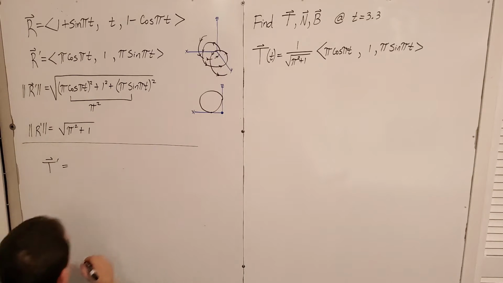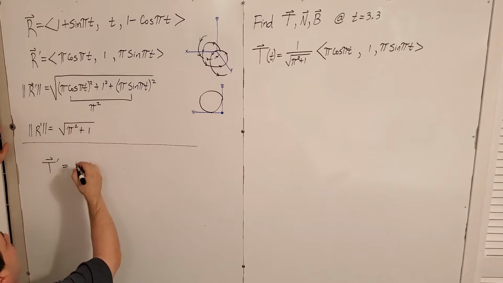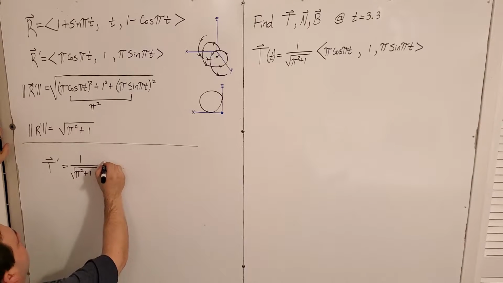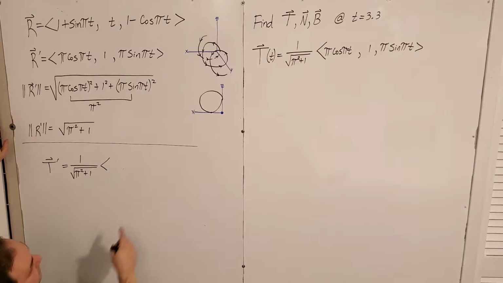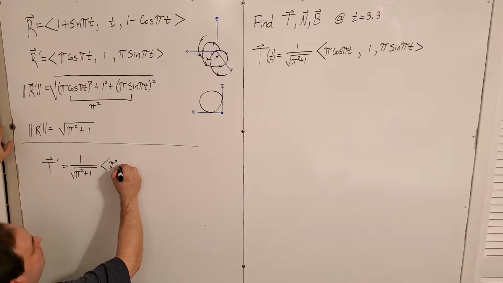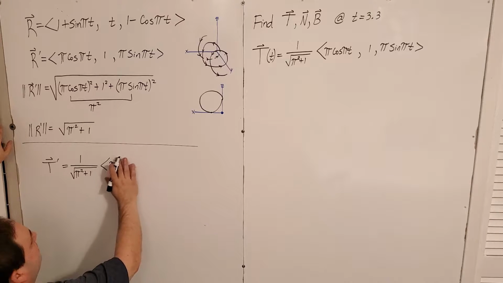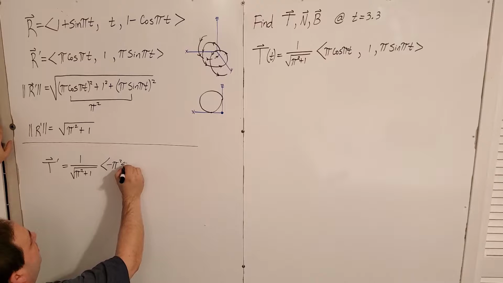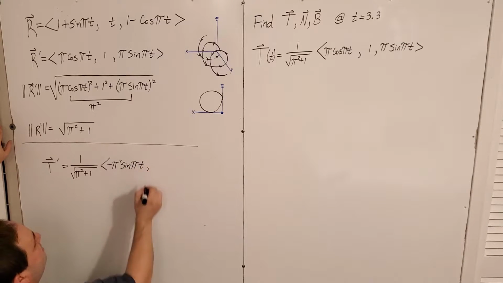T prime is going to be equal to 1 over square root pi squared plus 1 times the derivative. So that's going to give me negative pi squared sine pi t.